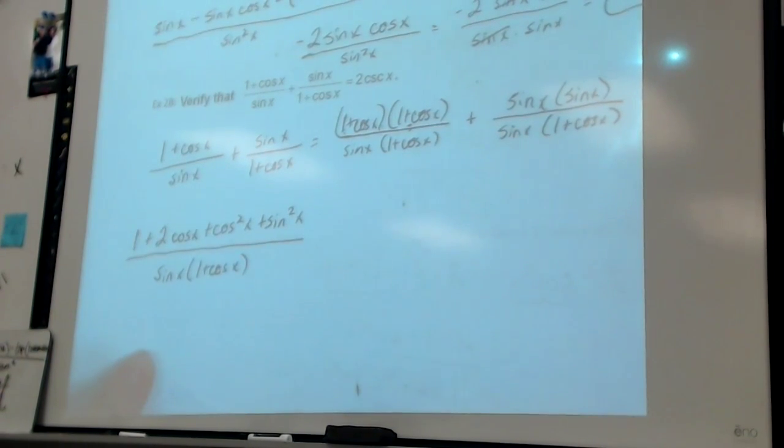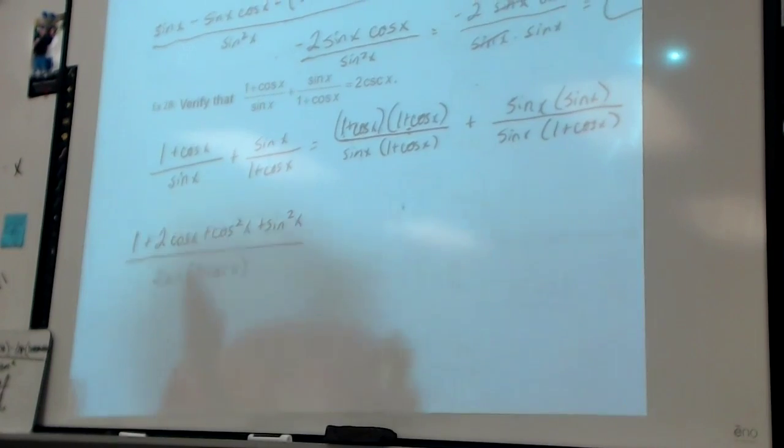Now, in the numerator, I don't see any like terms to combine, but I see 2 squared terms, and I'm seeing a Pythagorean identity. Look at cosine squared x plus sine squared x. Look at your Pythagorean identities. What is that the same as? 1.